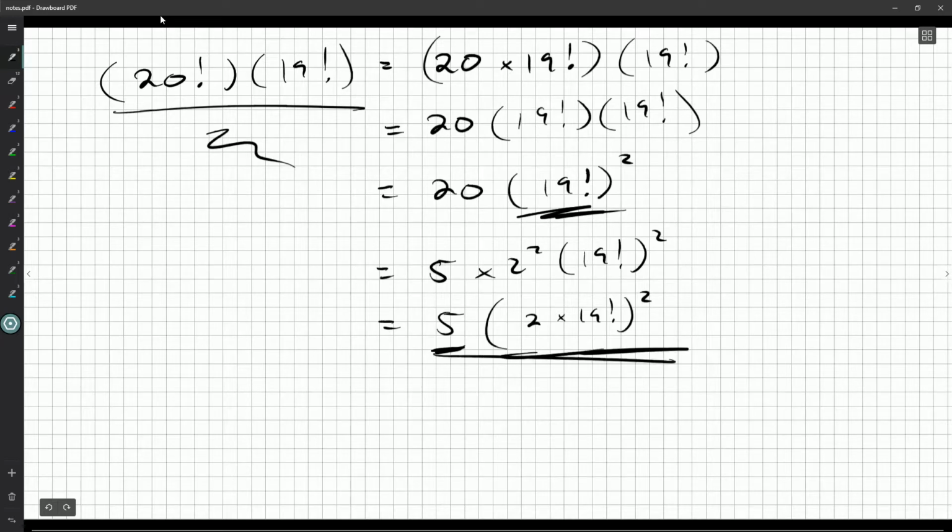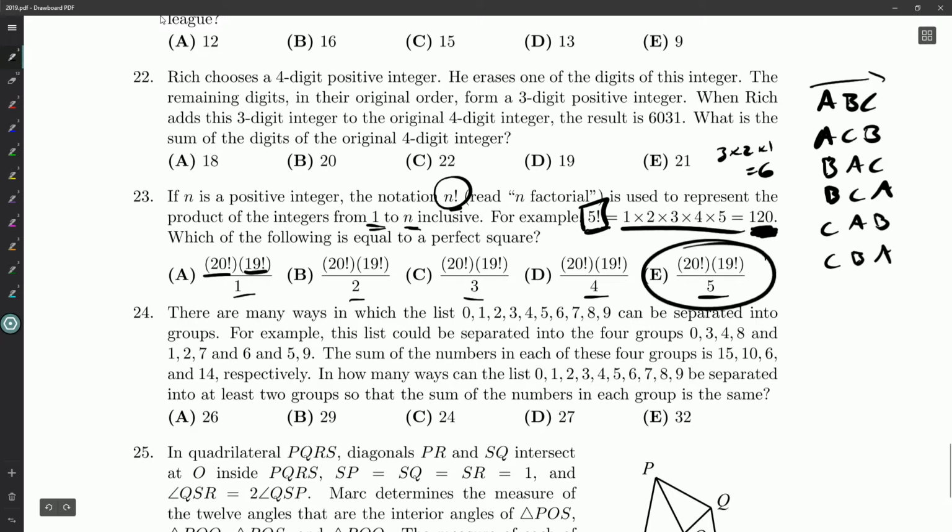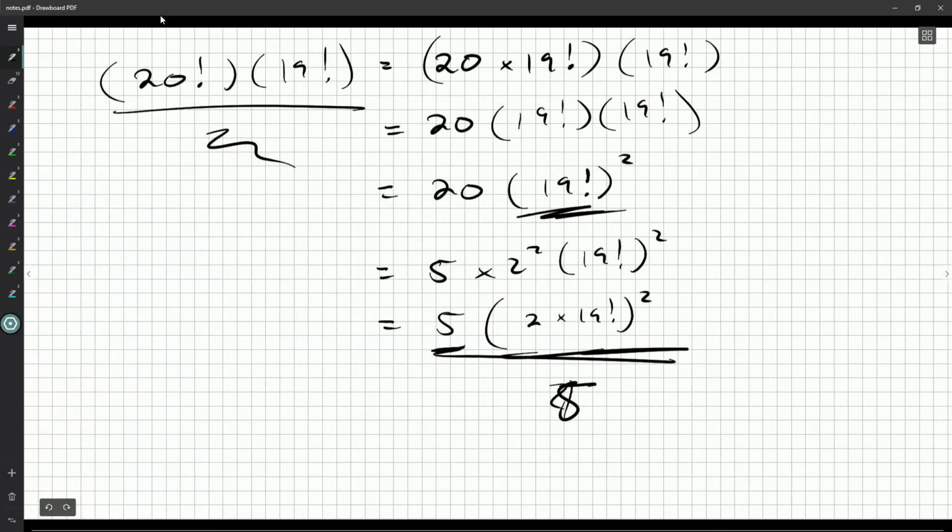If we divide by 1, well, we're not going to have a perfect square. If we divide by 2, if we divide by 3, same thing. But if we divide by 5, which I think was the last one, we will cancel out this 5, and we will be left with a perfect square. Right? Even though your calculator might do 20 factorial or 19 factorial, I very much doubt it's going to list all the digits.